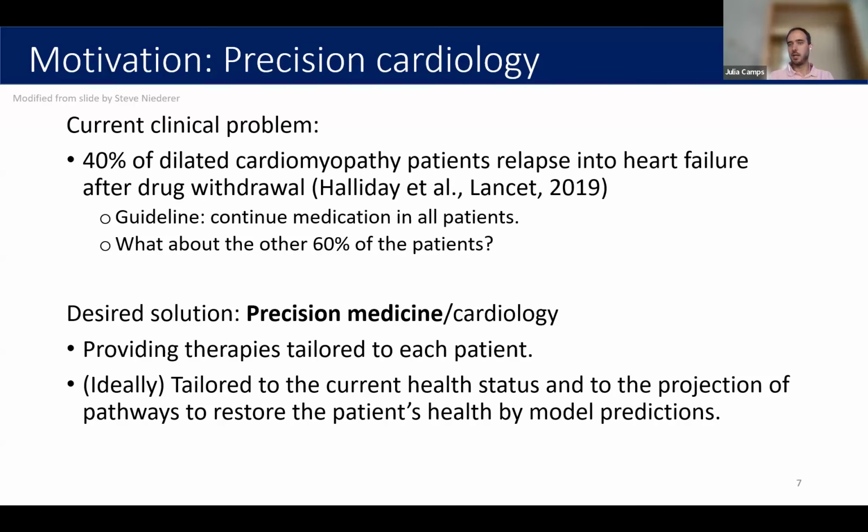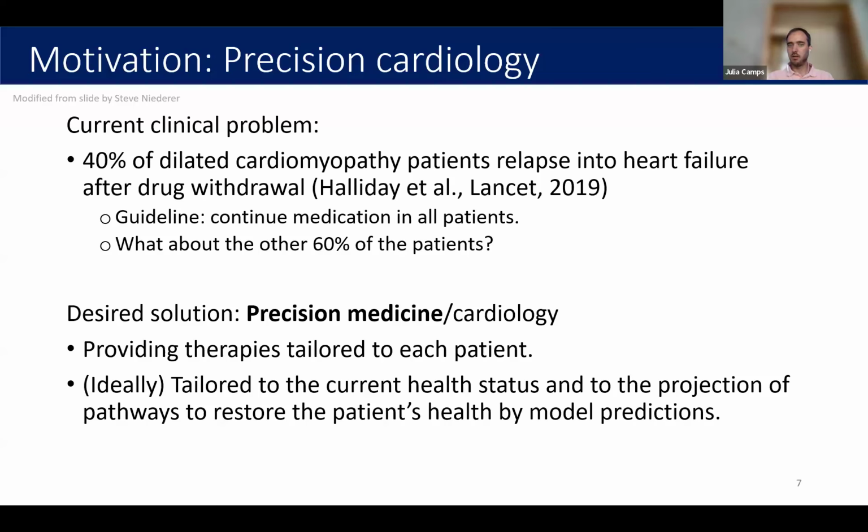They are still given the medication because we are unable to see inside of the patient which ones would need the medication or not, right? So the idea is that maybe digital twins can help us bridge this gap. They can help us distinguish better between patients, understand better their physiology, and understand better which ones actually need the medications and which ones don't.